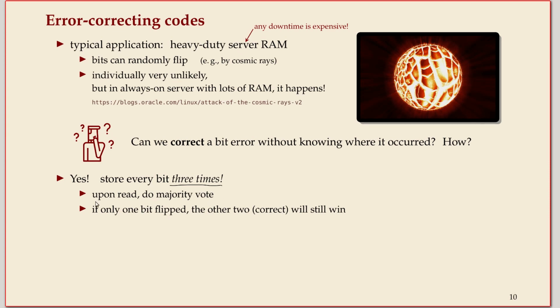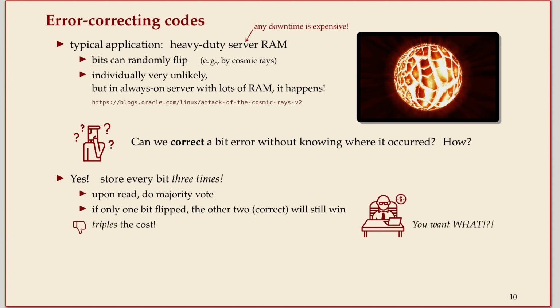If you read a bit, you actually see 3, and you take the majority of those. If there are more ones than zeros, you take 1 as the result, otherwise you take 0. If only a single bit flips, that still gives the same result. As long as not 2 of 3 bits flip, you will be able to recover from that error. So this is maybe the simplest error correcting code for a single bit error.